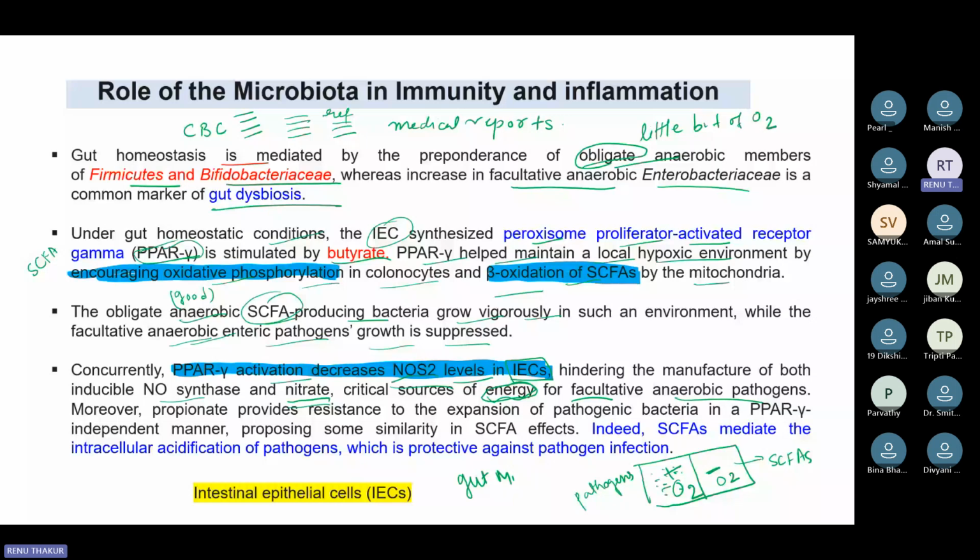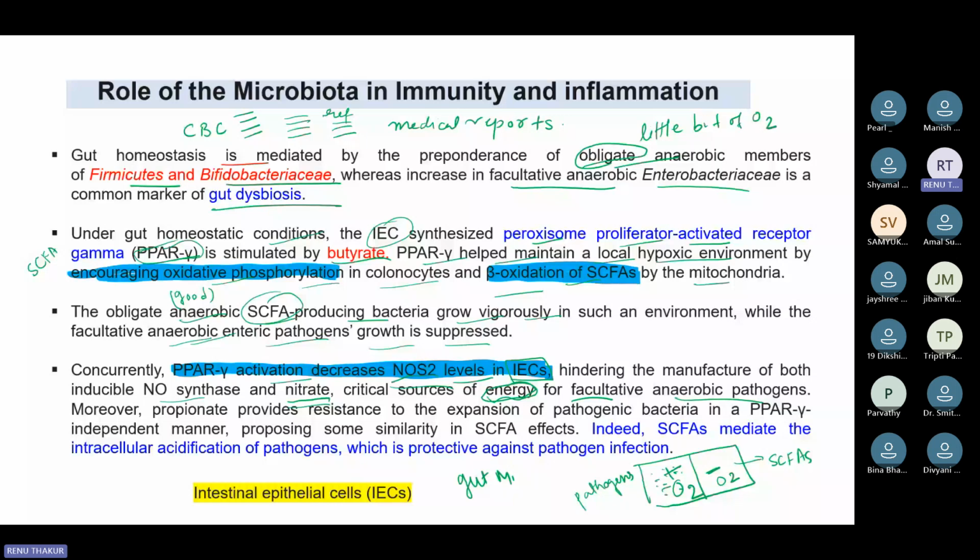Now this PPAR gamma has also a role in diabetes also. So if your PPAR gamma level is not sufficient, or if your PPAR gamma is not performing its function well, like it is impaired, then you can say that your gut homeostatic conditions are not maintained.